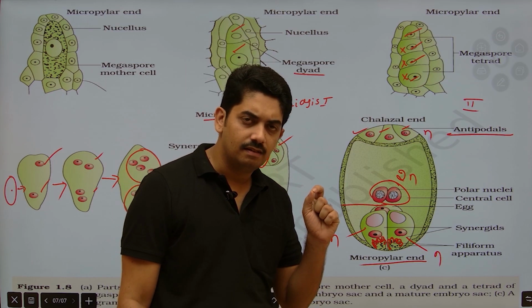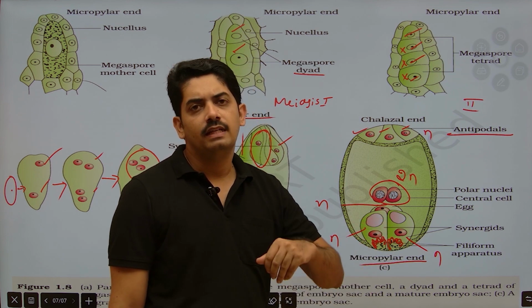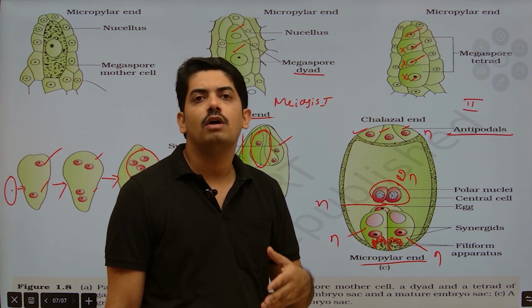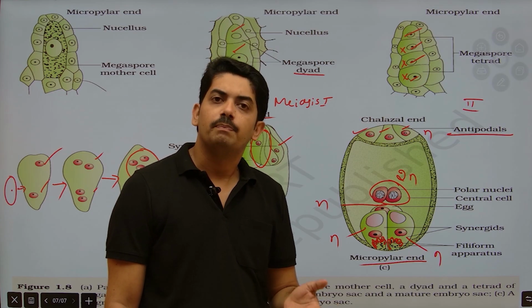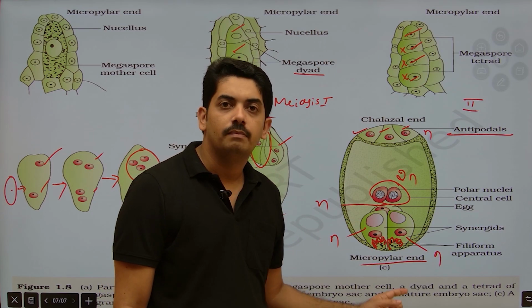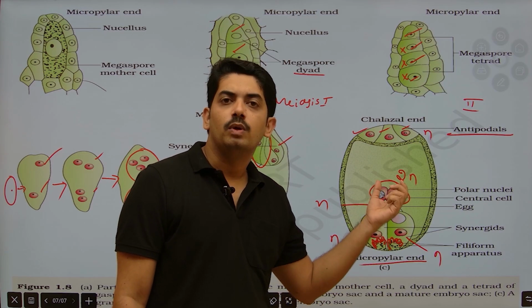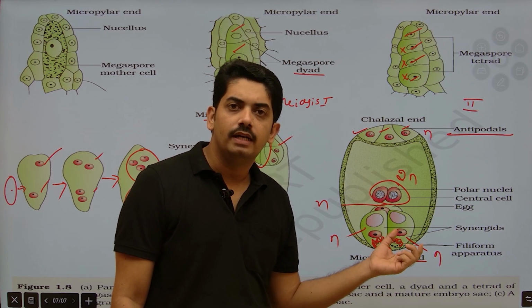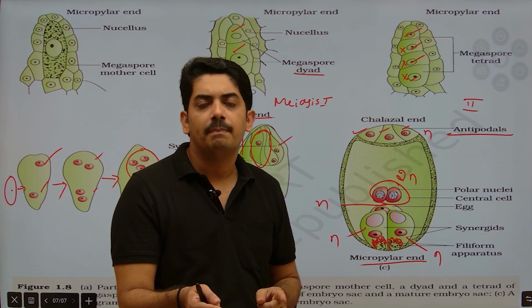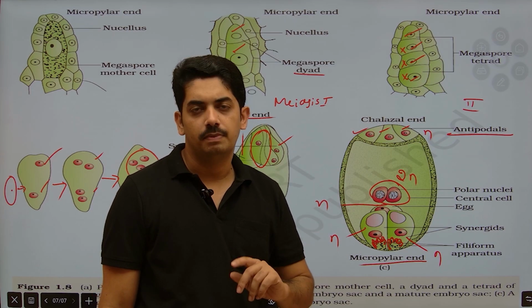There is one important aspect you need to remember here. Once the male nucleus fuses with the egg, it will be fertilized and develop into the embryo. Now the ploidy of the embryo will be diploid. But there is one more male nucleus. When it fuses with the polar nuclei, which is already diploid, diploid plus haploid will form a triploid structure that will become the endosperm.